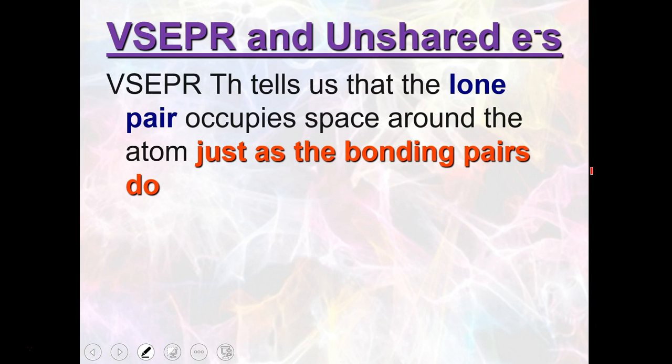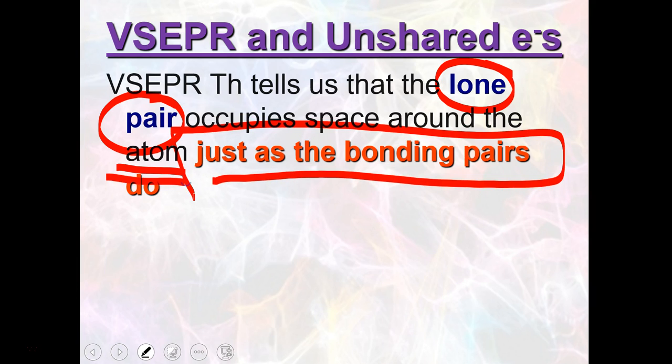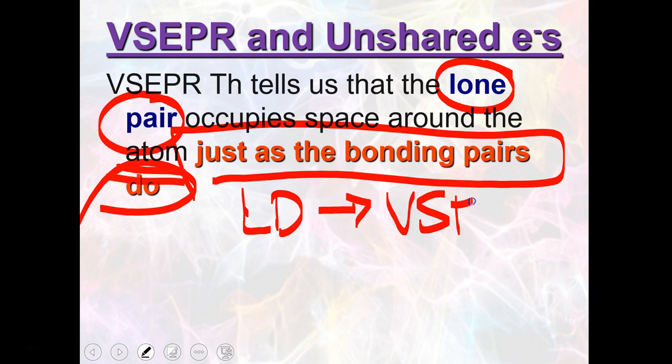All right, so again, VSEPR, we care about those lone pair electrons on the central atom. And they take up space, just as much space as the bonding pairs do. So we have to take those into account, which is why you have to do the Lewis dot structure first, then the VSEPR structure.